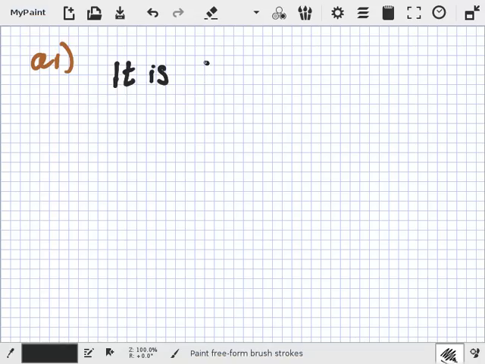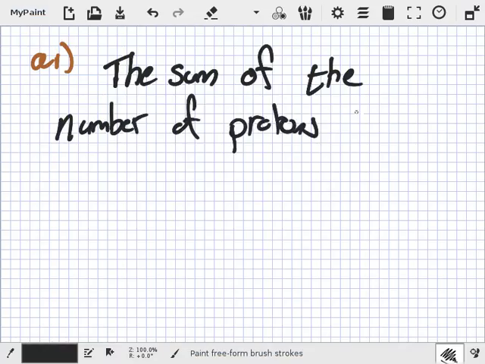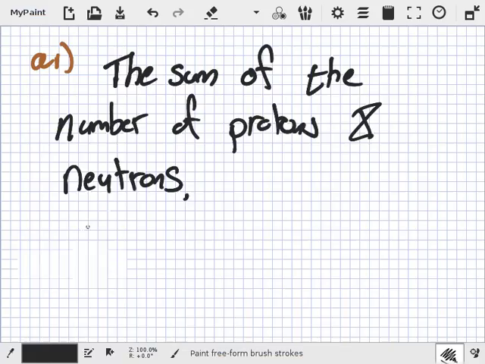The sum of the number of protons and neutrons. Oh, wonderful! I love it. Oh, that's why you're going to get an A in your speaking exam. A plus. Very good.